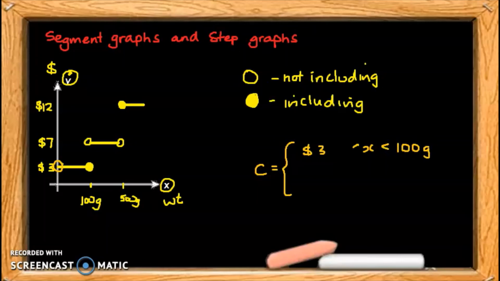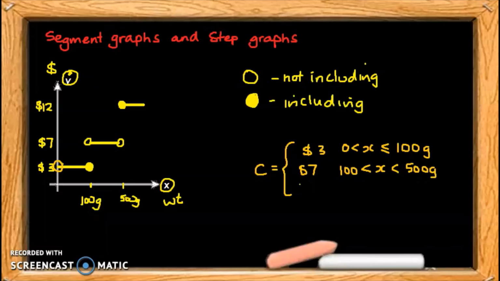And you might want to say between 0 and 100 grams, and then that closed dot tells us that it needs to include 100 grams. $7 when X is from 100 grams, not including 100, to 500 grams.